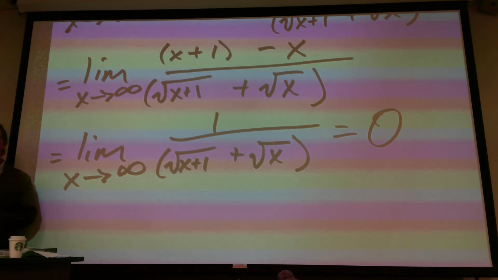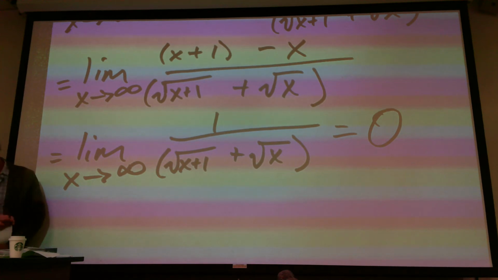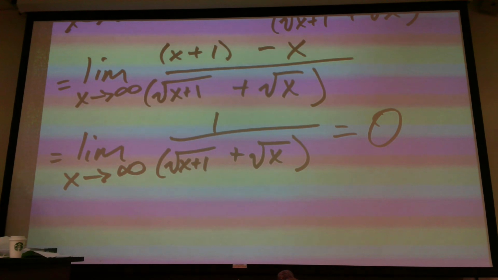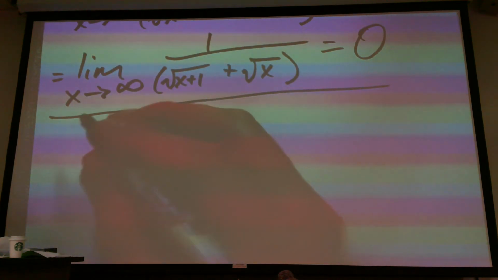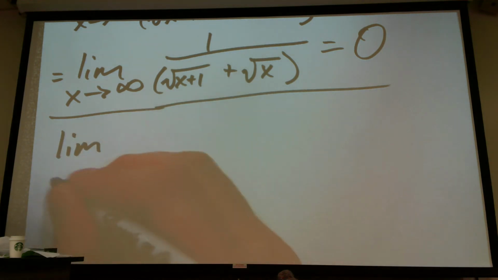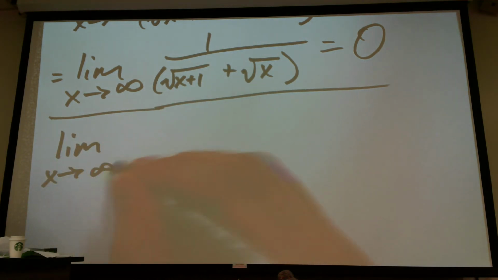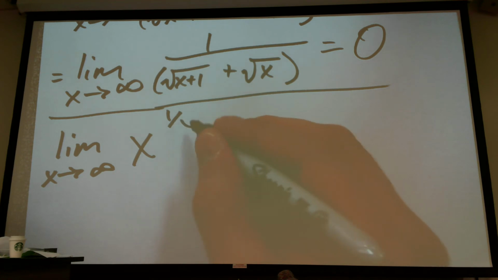Okay, I think there's one more that I haven't done, and we've got a couple minutes, so let's go ahead and put this last one on there. So let's say we're looking at the limit as x tends towards infinity of x raised to the 1 divided by x.